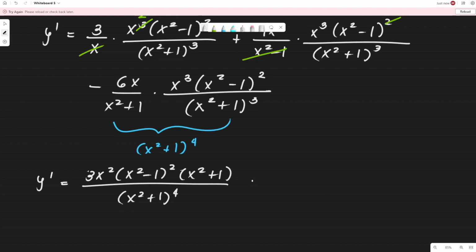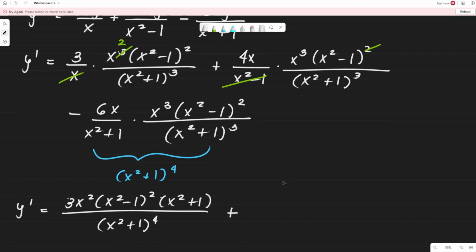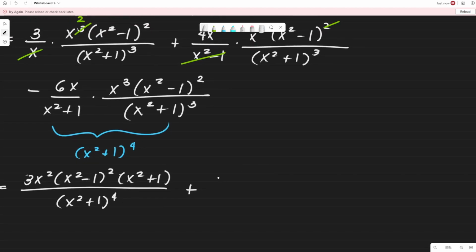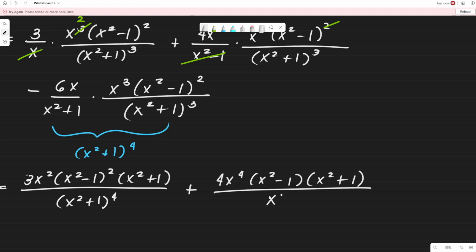'Di ba? Then we have plus 4x times x cubed, that is 4x to the 4th, times x squared plus 1, over x squared plus 1 raised to 4.